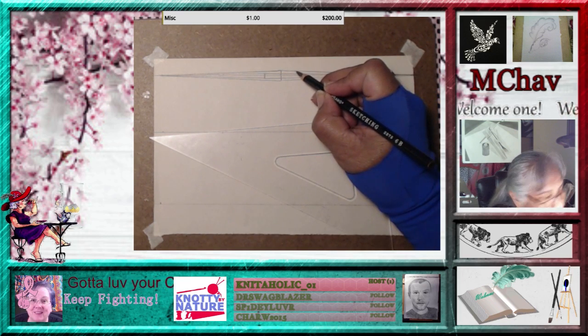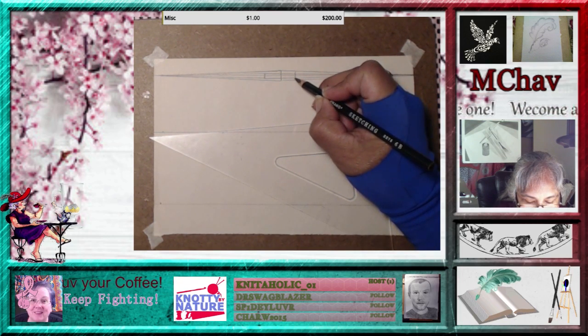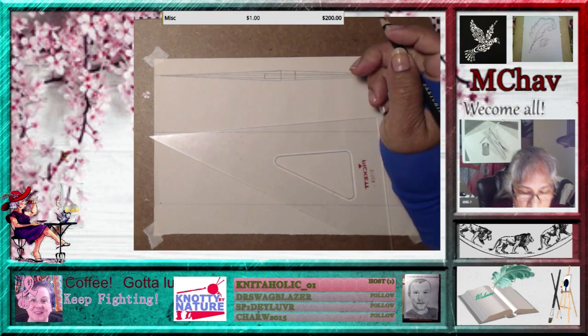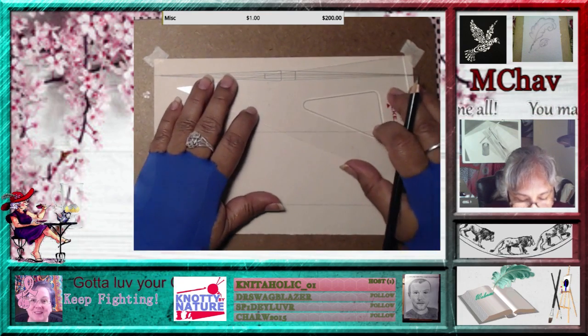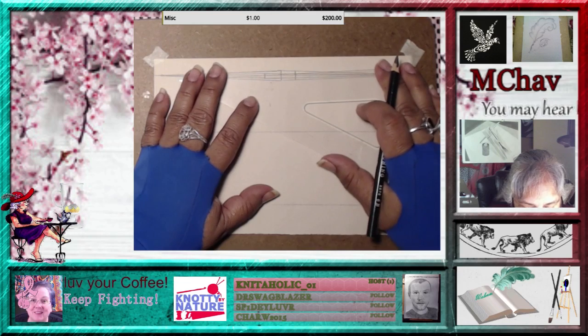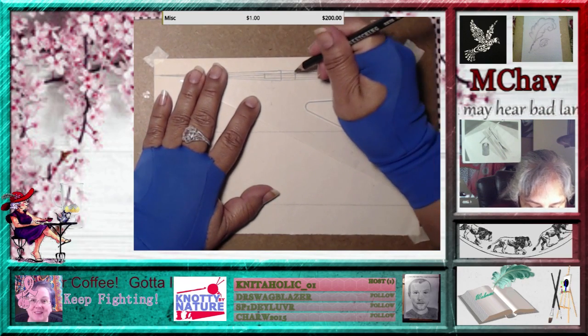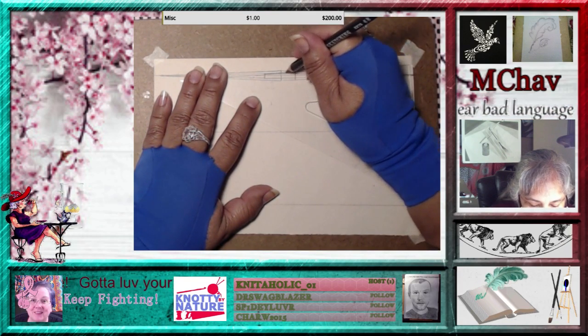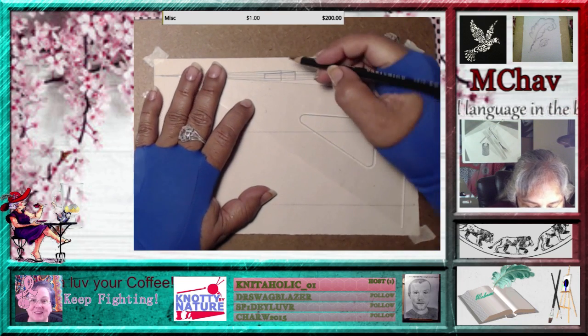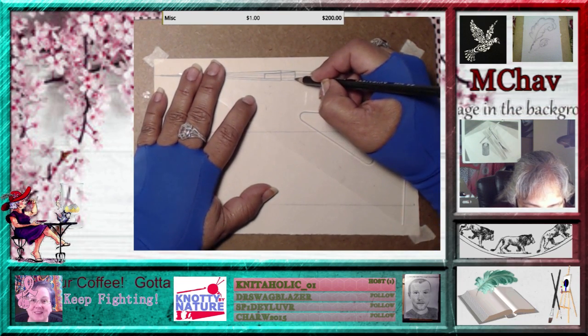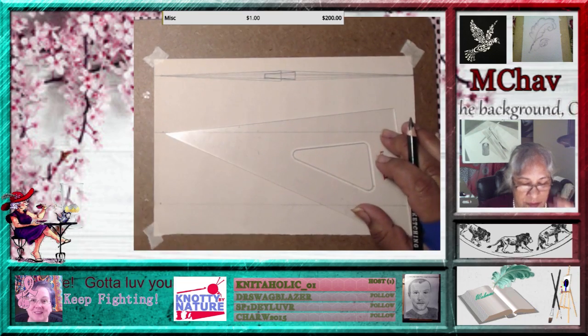Okay, now we're going to put a line here. Now that line goes to this line, and then you'll see that your box is going to form. You want that line a little bit darker. Same thing with this one, a little bit darker.